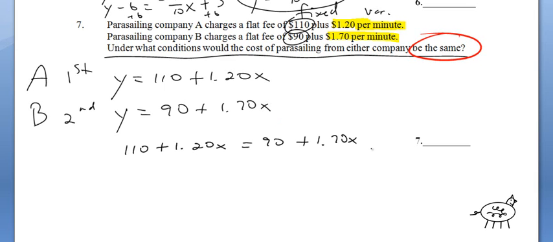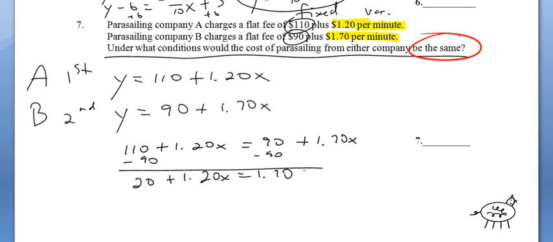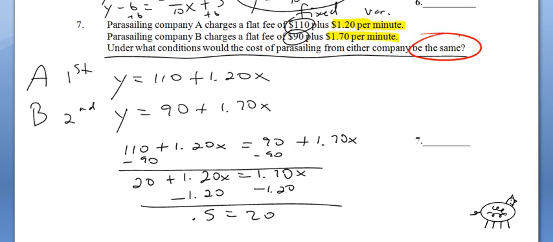So I'm going to move the 90 over. So I get 20 plus 1.20x equals 1.70x, and then subtract 1.20x. So I wound up getting 0.5x equals 20. And divide by 0.5.